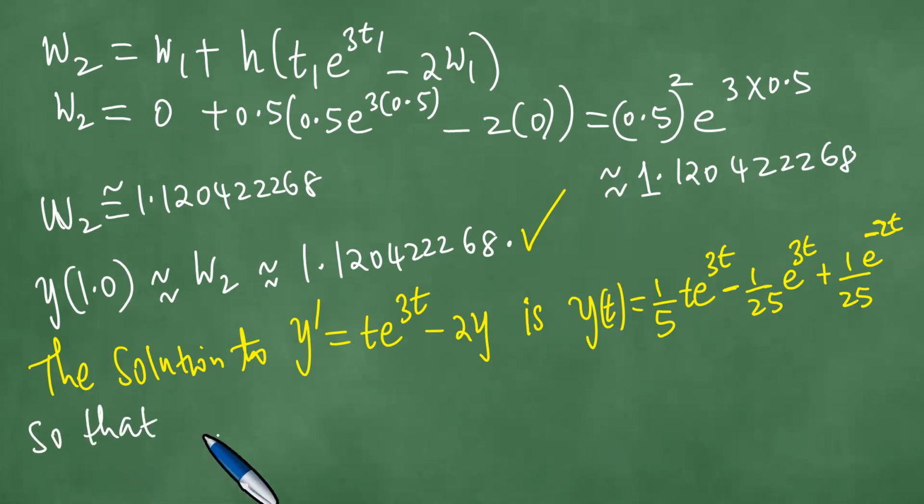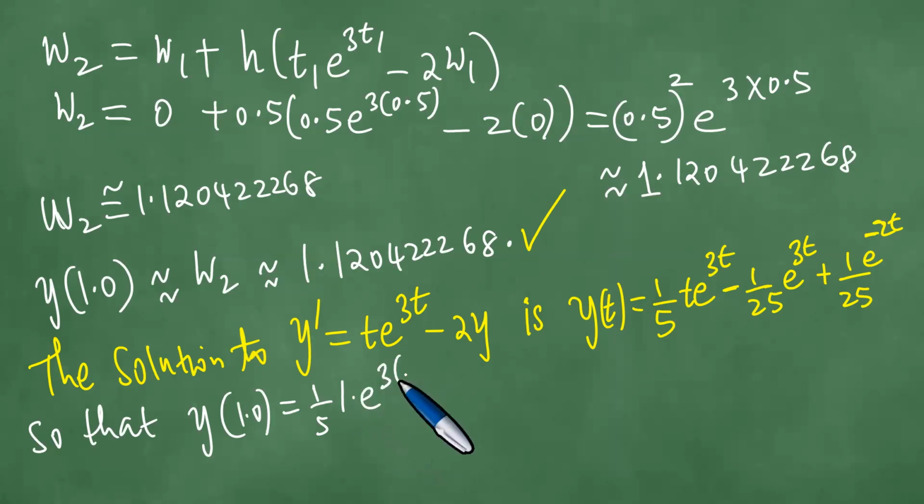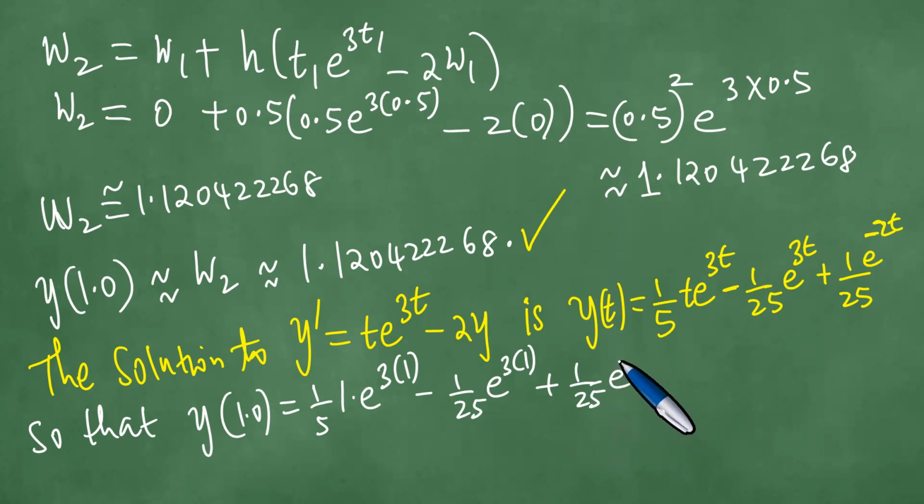So let's look at y at 1.0. Find that one, 1.0, which is 1/5 times 1 e to the 3 minus 1 out of 25 to the 3 times 1, 1 out of 25, 1.